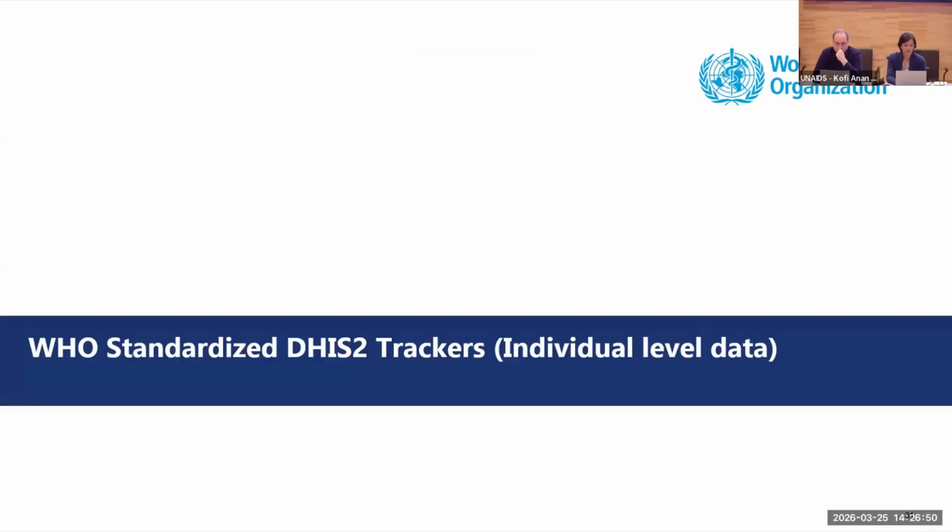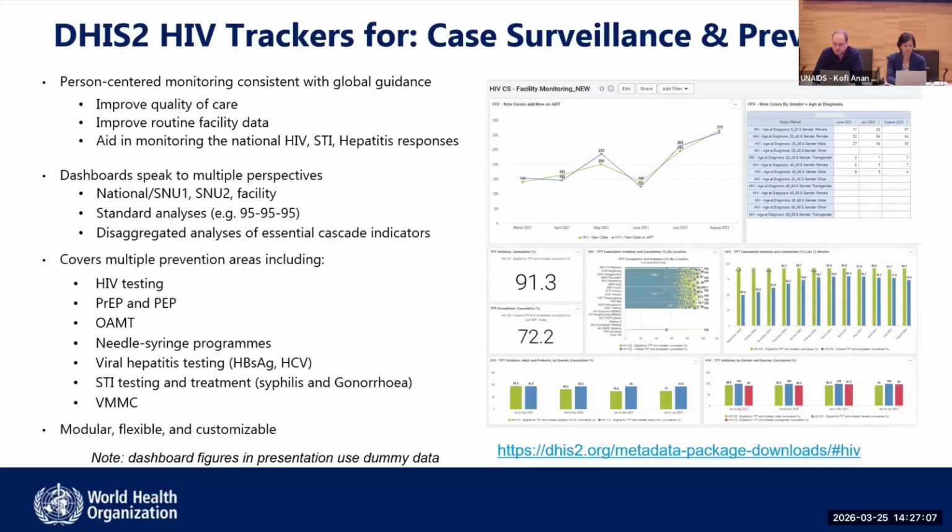So now moving to the standardized DHIS2 trackers, I'll focus here on the individual level data trackers, but there are also aggregate packages, as you heard from Marek on TB, and both of those are available from the DHIS2 website. So for HIV, we have 2 trackers.